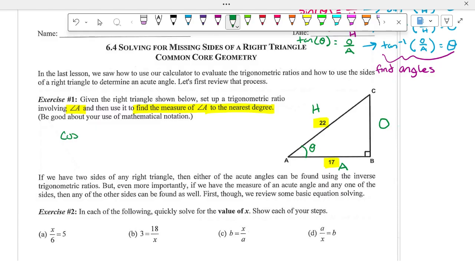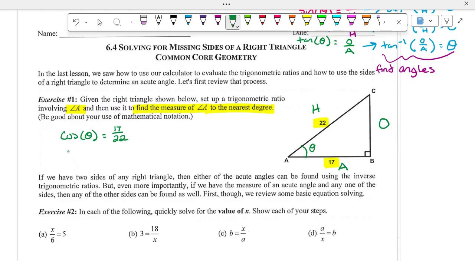So cosine of theta is equal to what over what? Well, A over H, but what are the numbers? 17 over 22. And there's our equation. Now remember, in order to get theta by itself, how do I get rid of cosine?